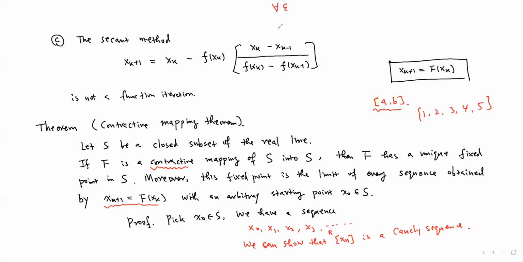For any epsilon, no matter how small, we can find a capital N such that |x_m minus x_n| is less than epsilon whenever m, n are greater than this capital N. If a sequence has this property, then the sequence is called a Cauchy sequence.